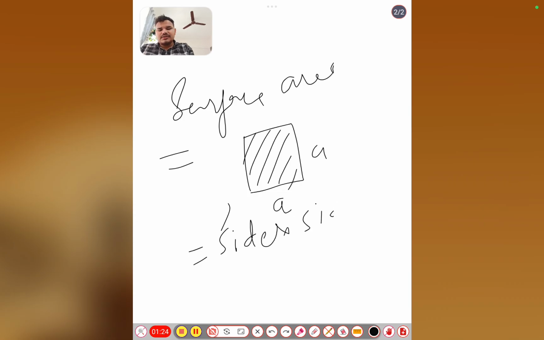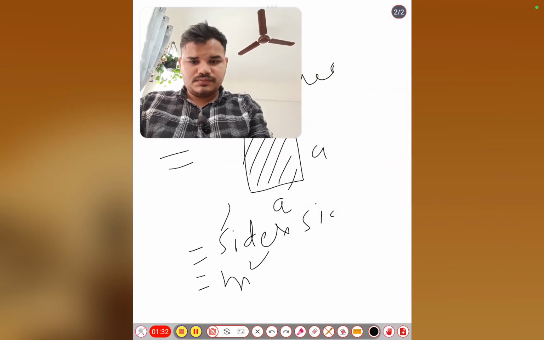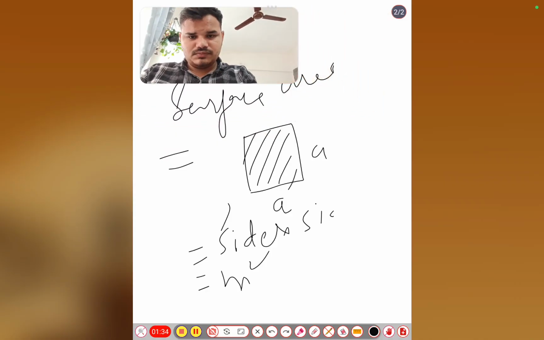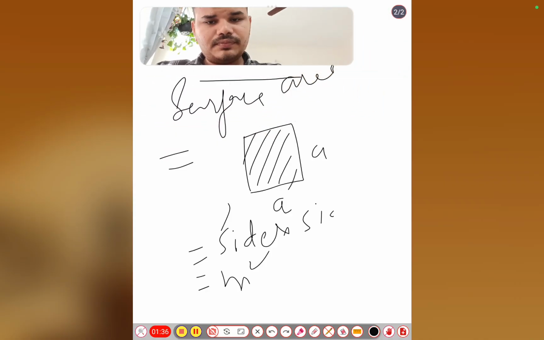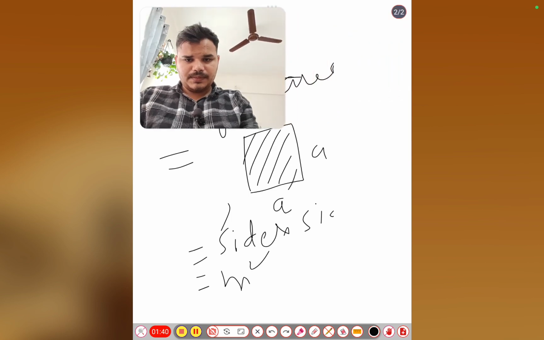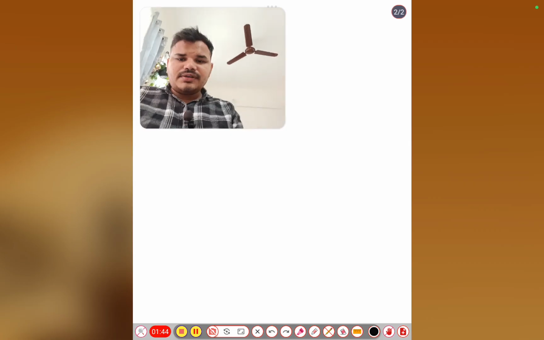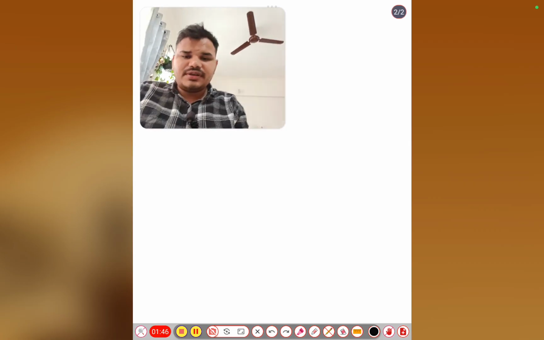So we will get the unit, that is meter square. Then after that we understand the solids one by one.